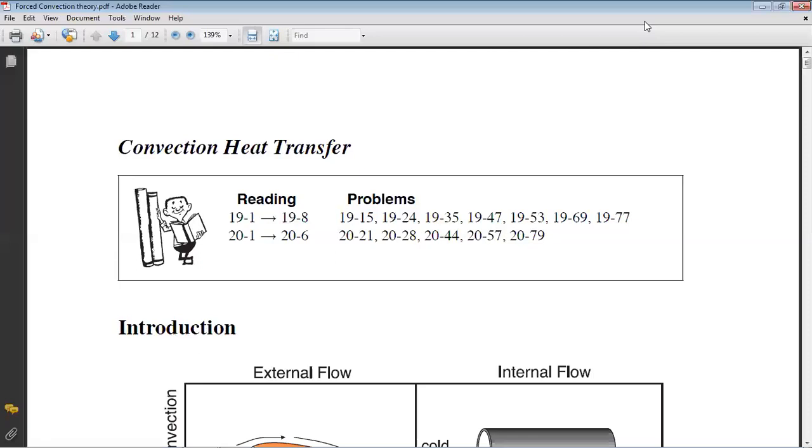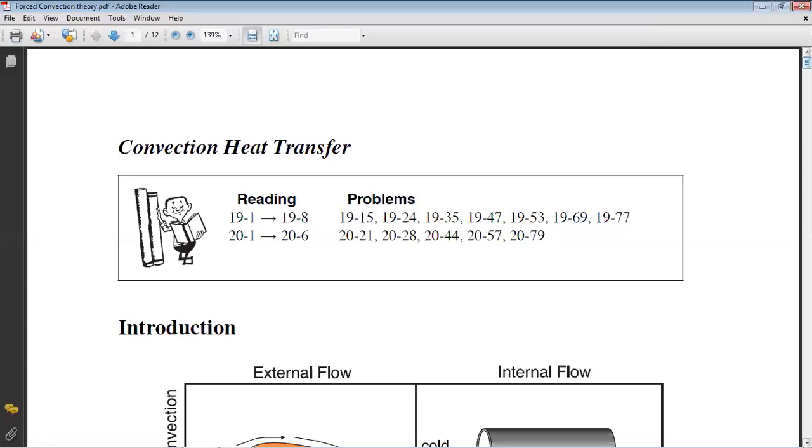There are two ways of convective heat transfer. First one is natural convection. Another is forced convection.